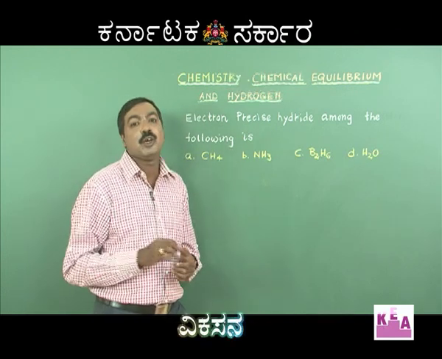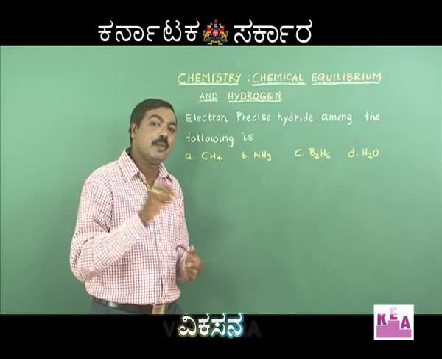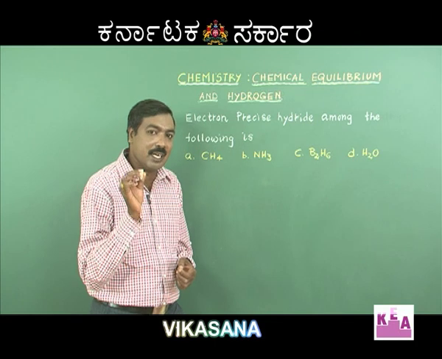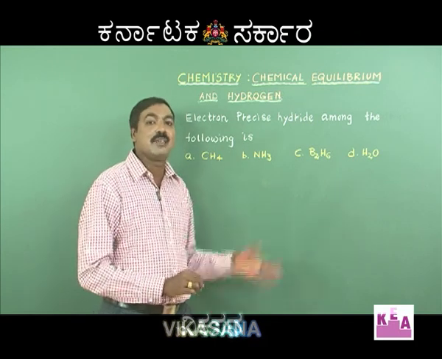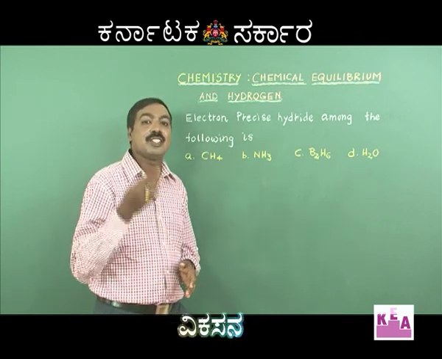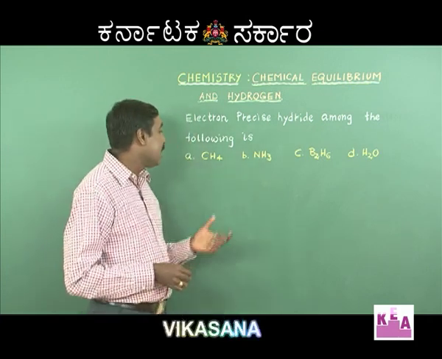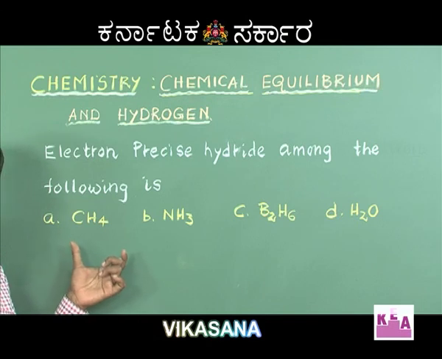Option D, water molecule, has two lone pairs of electrons. Lone pairs are those that are present but are not involved in the bonding. Even that happens to be an electron rich hydride or electron excess hydride. Now let me confirm and then tell that methane, which is option A, is an electron precise hydride.